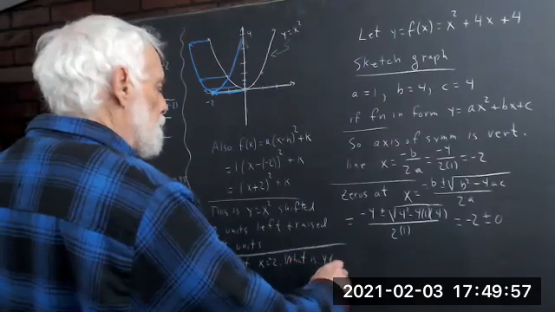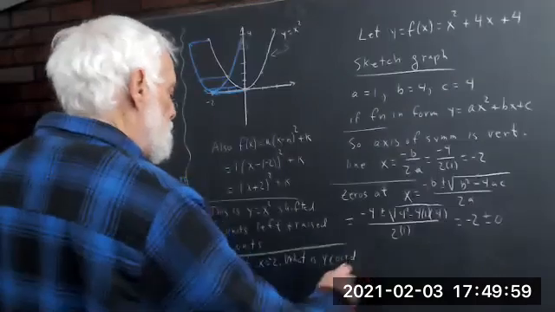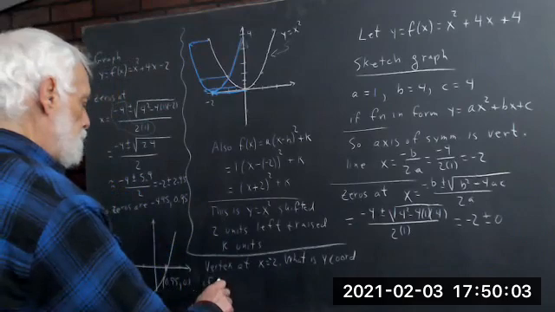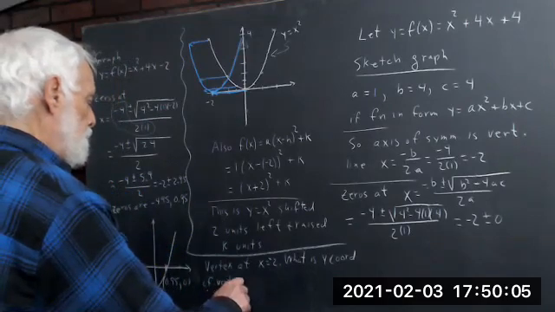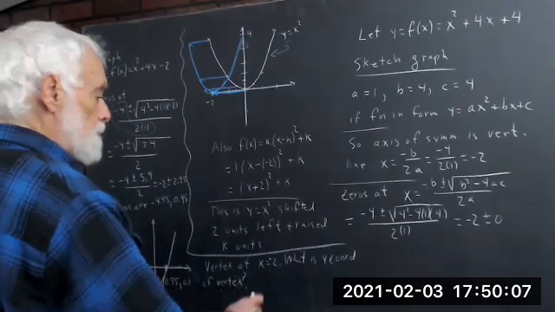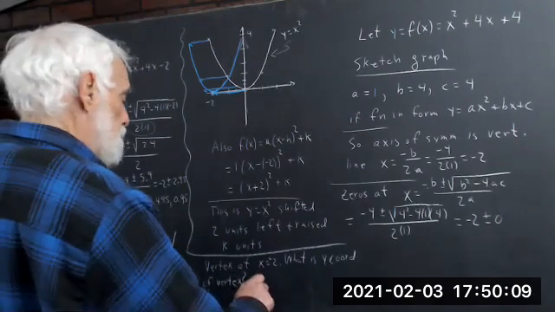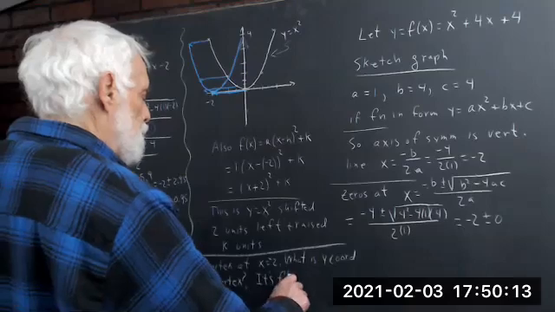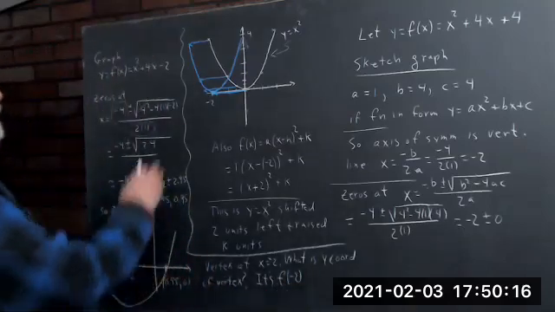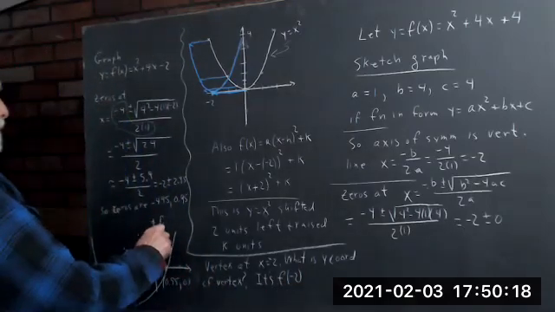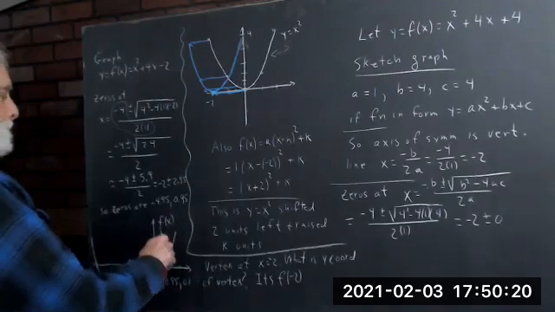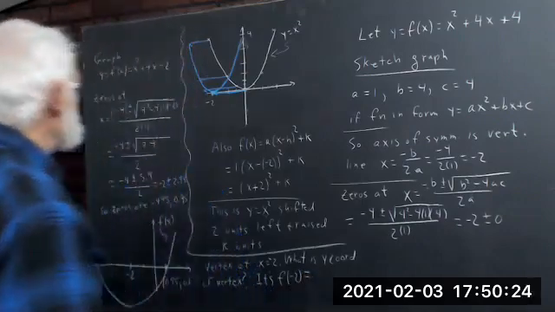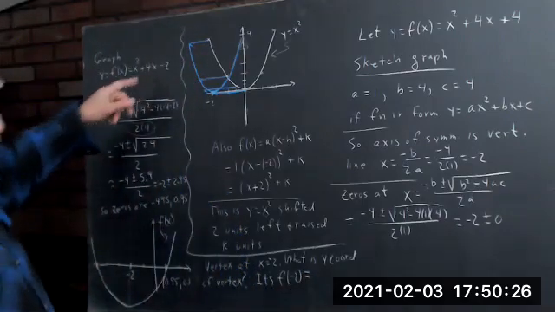What's the y coordinate? It's f of -2. This graph is your graph of the f of x function. And for f of -2, just plug -2 in for x.